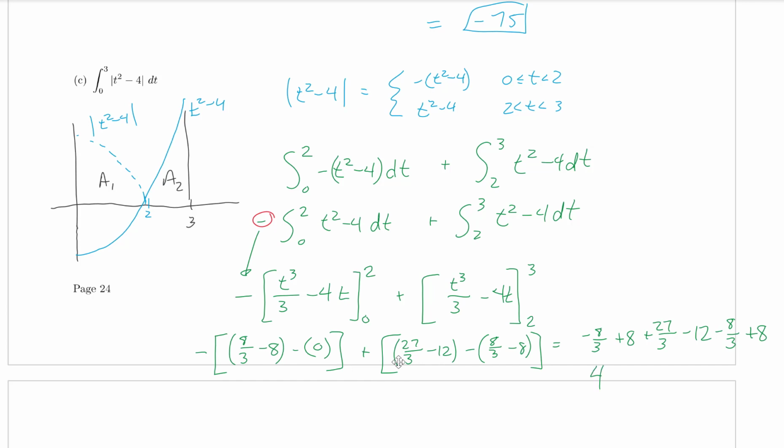And then 27 minus 16 thirds is 11 thirds. And so 4 plus 11 thirds is our total area underneath the curve of the absolute value of t squared minus 4. I'm going to give you a second to jot down that work here.